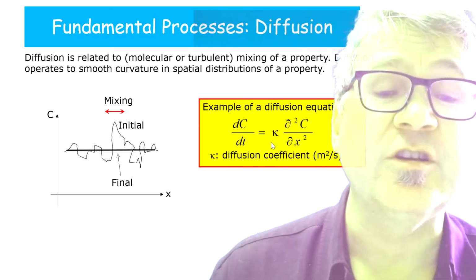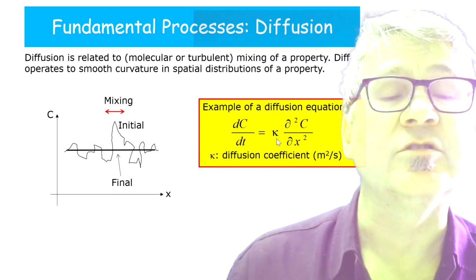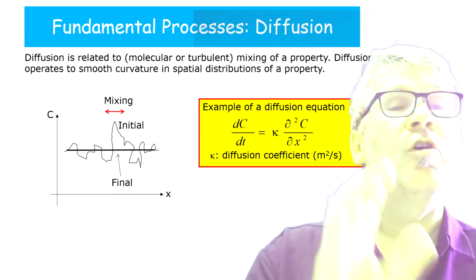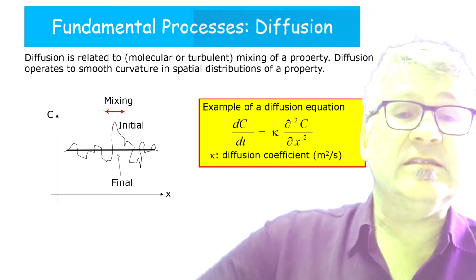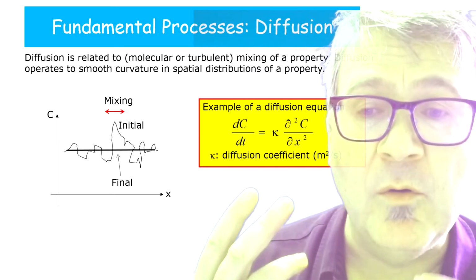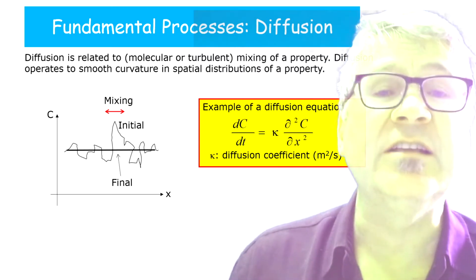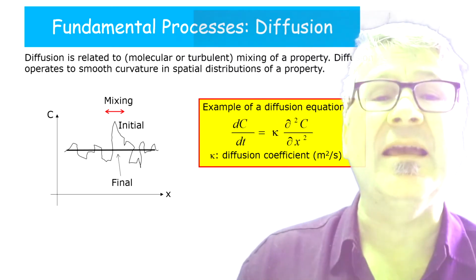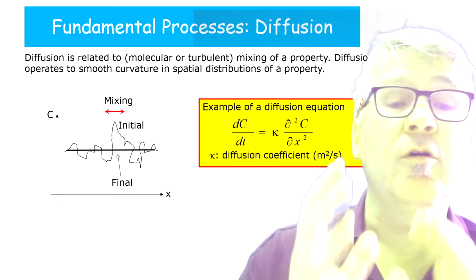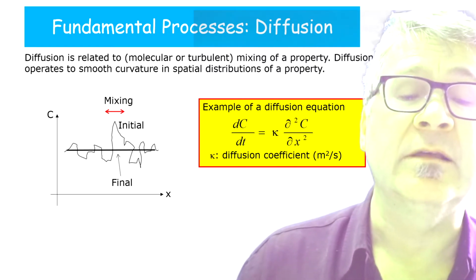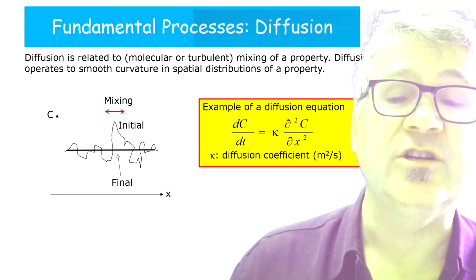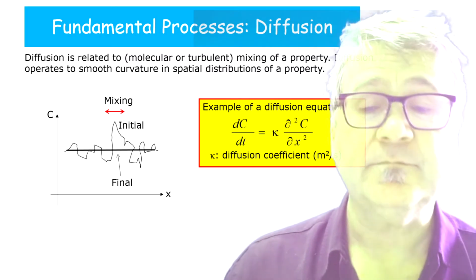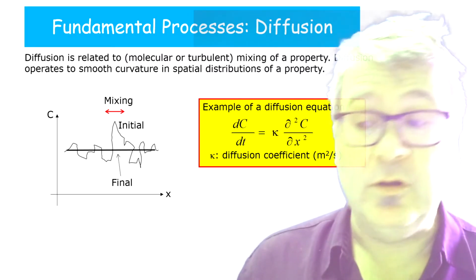And there is a coefficient, which is called the diffusion coefficient. So whenever you have curvature, diffusion operates, and how fast it will change the distribution depends on the magnitude of that coefficient, this kappa that's in this equation. Okay? This is what we call diffusion.